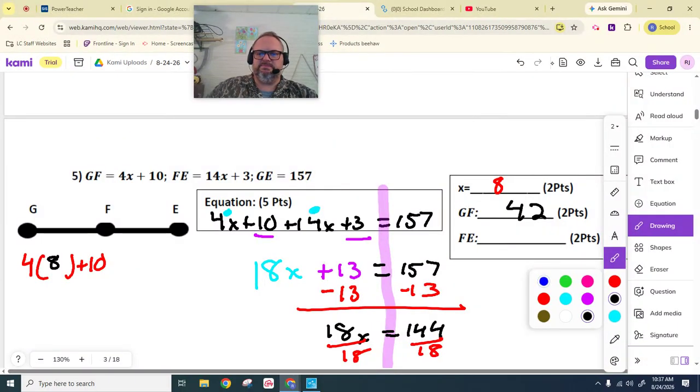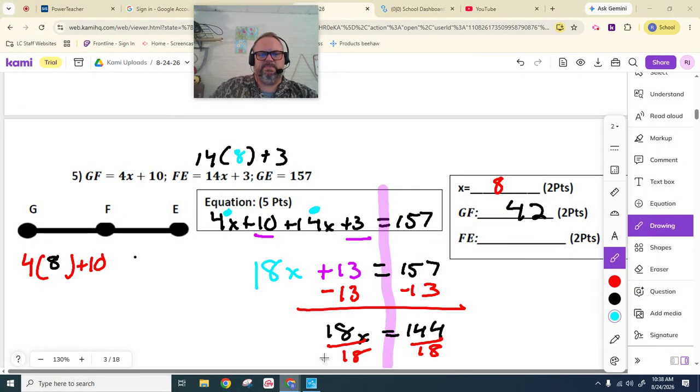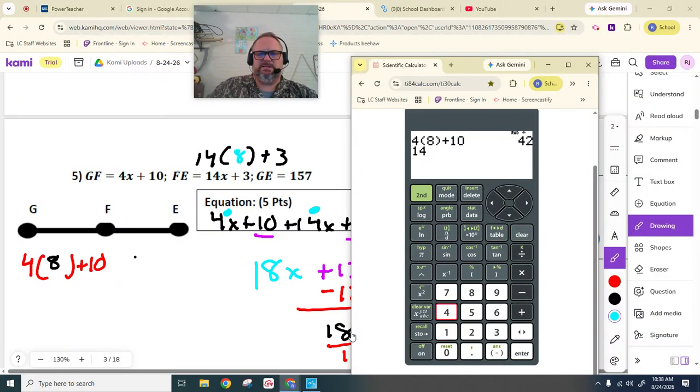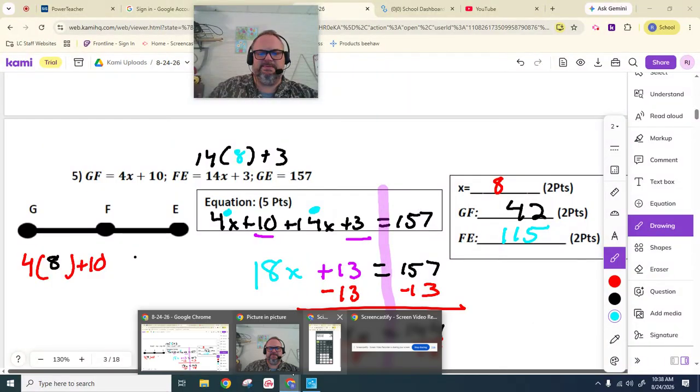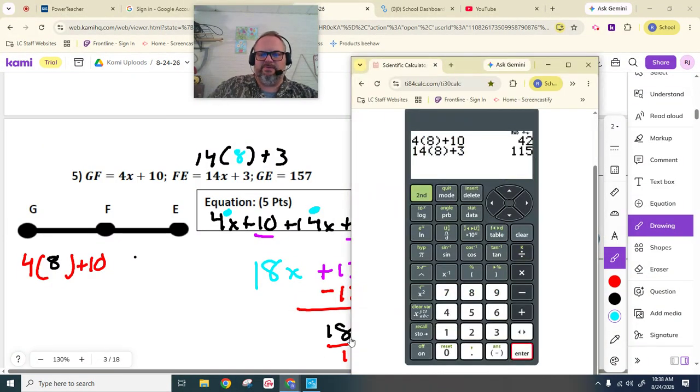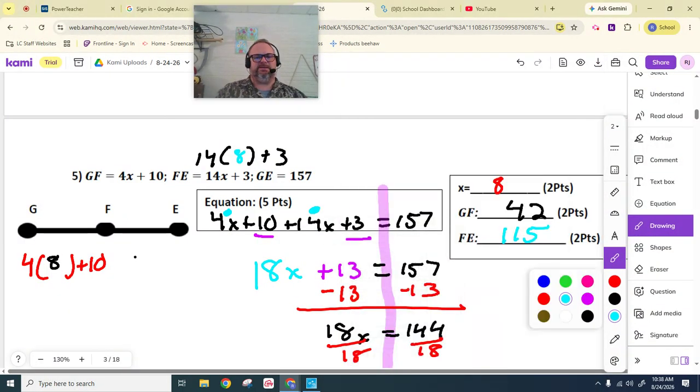For this next one, this would be 14, 8, plus 3. All right, 115. And to check to see if we got that right, I would add 115 plus 42. I should get my 157 right there.